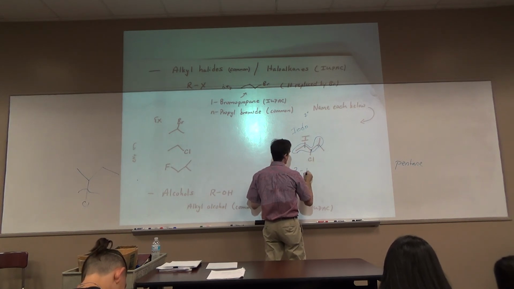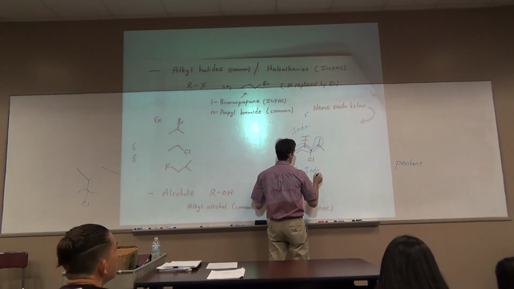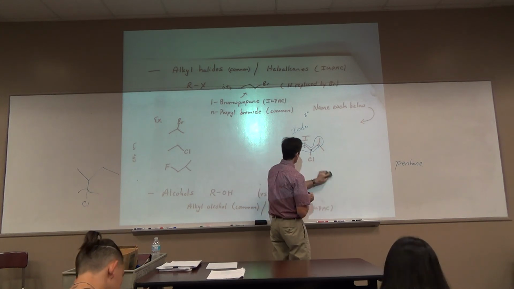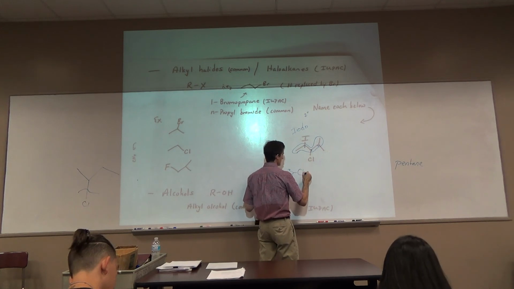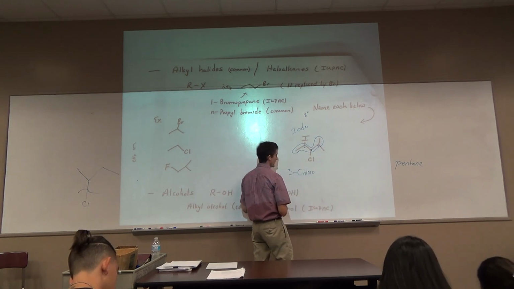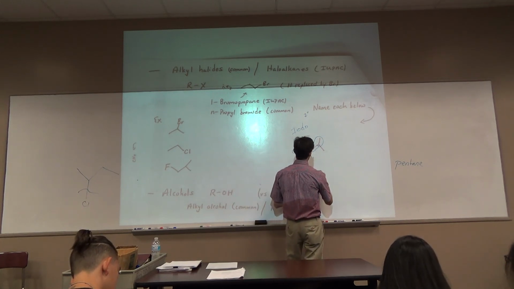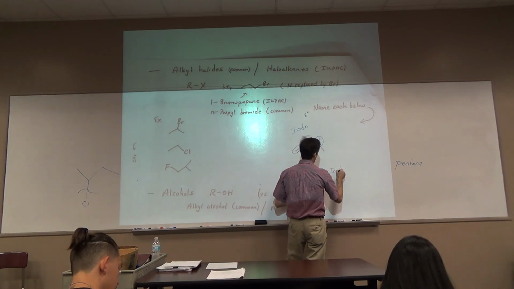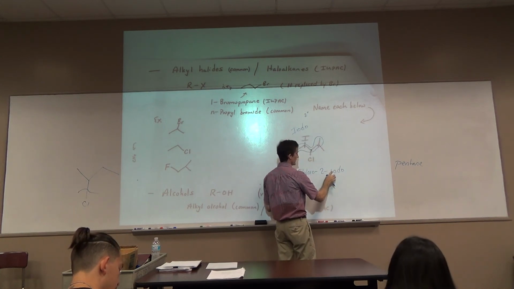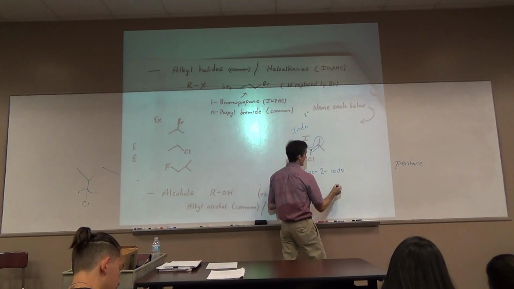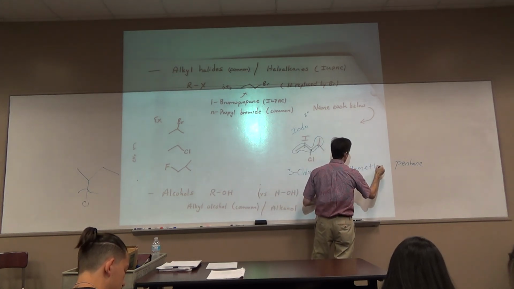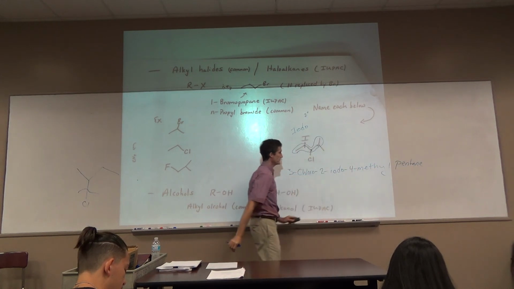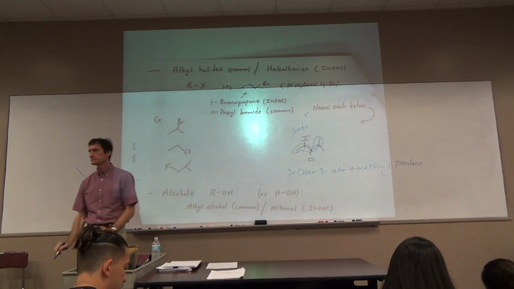Is it 2 iodo? Actually, when we list it out, we probably want to list the chloro first, right? 3 chloro. Oh, I see. 2 iodo. That doesn't have to be capitalized. 4 methyl. That's just one word. Is that right? Does that look right?